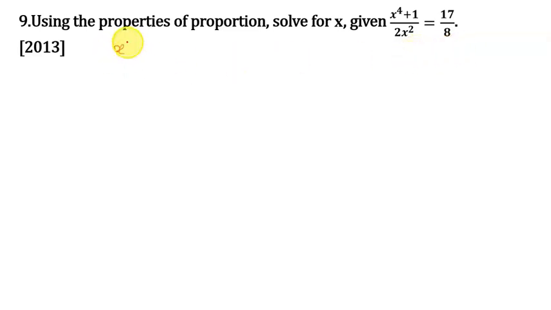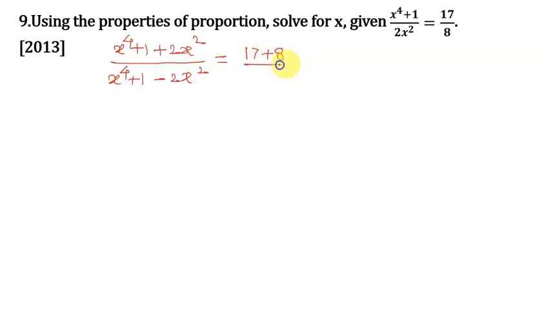Then you will get here x raised to 4 plus 1 plus 2x square divided by x raised to 4 plus 1 minus 2x square, and that's equals to 17 plus 8 upon 17 minus 8. If we simplify this, then you will get here 25 upon 17 minus 8, you will get here 9.